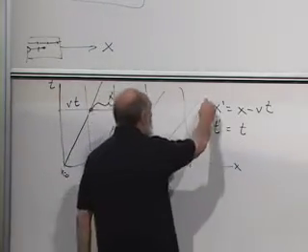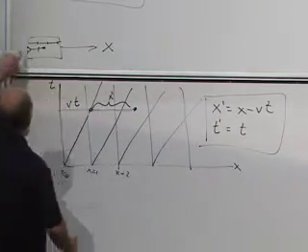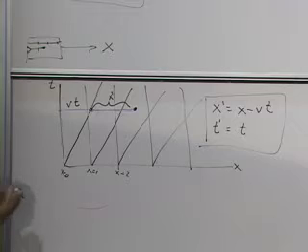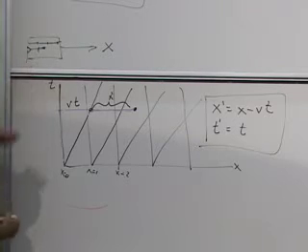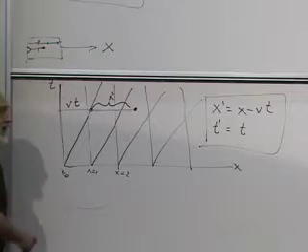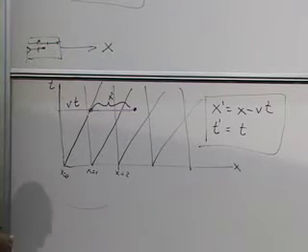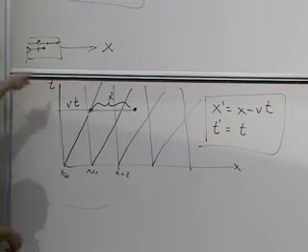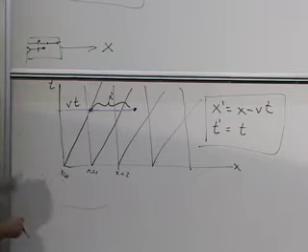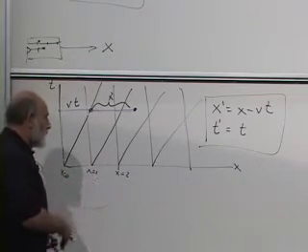Now, let's suppose now that there was an object which is standing still in the outside frame of reference. This guy drops his ball here. The ball stands, let's say it stands still in my frame of reference, just for fun. How does it move in his frame of reference? If it's standing still in my frame of reference, what is it doing in his frame of reference?